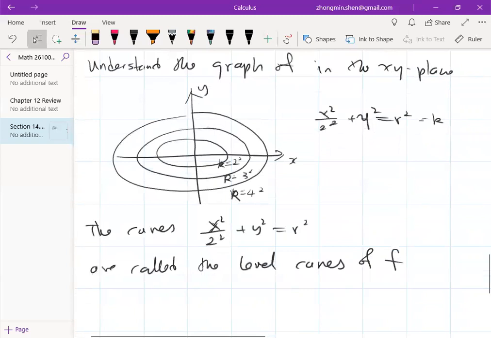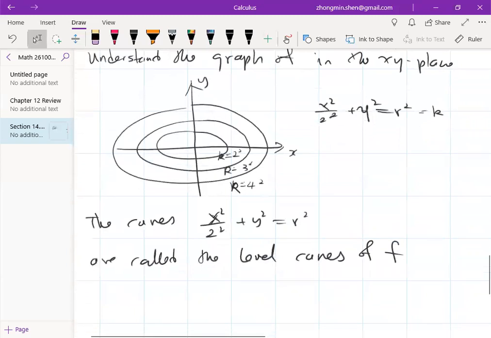Those are just the terminology. If you draw a family of level curves like that, it is called a contour map.